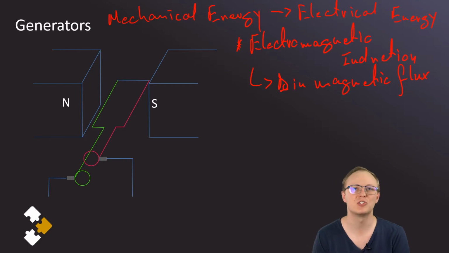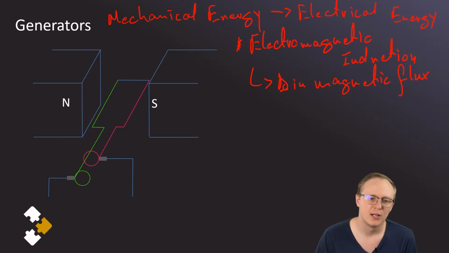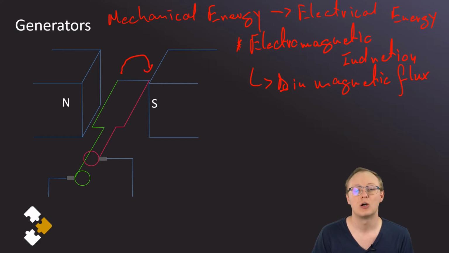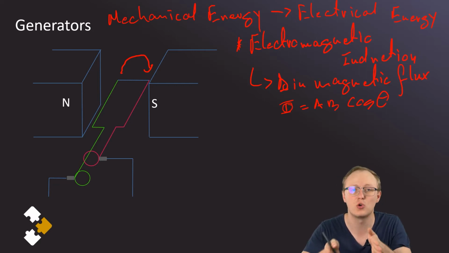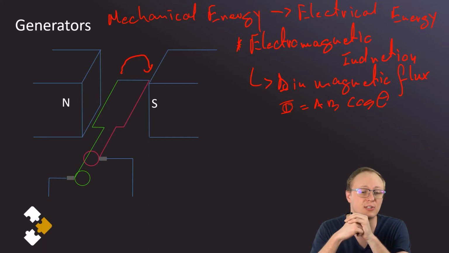And then the question is, well, how on earth do we get a change in magnetic flux from this particular machine? So what we'll do is we'll rotate this armature, or you can also call it the coil, in the magnetic field. And you might have seen a formula that looks something like this. Flux is equal to AB cos theta, where that theta gave us a particular relationship between the coil and the magnetic field lines.